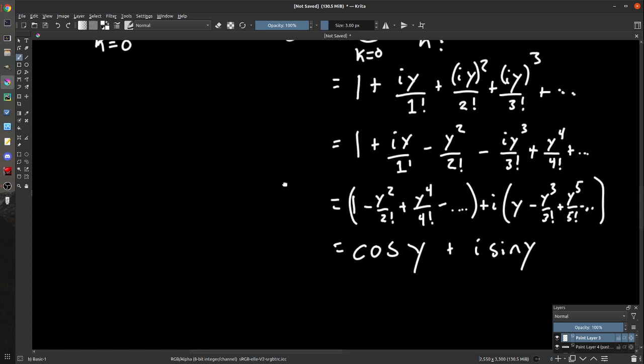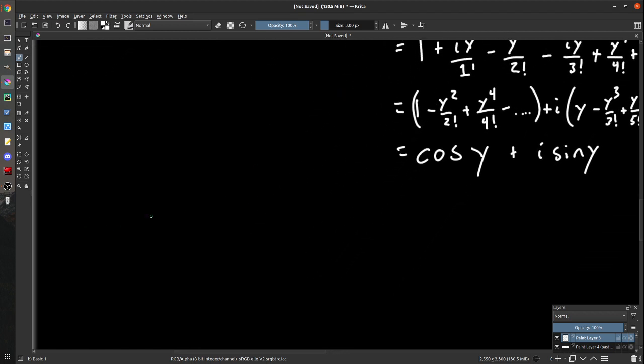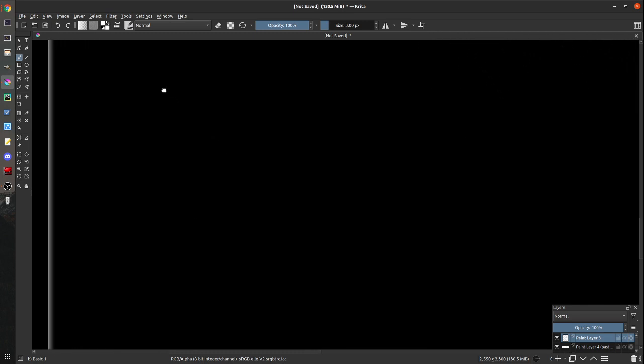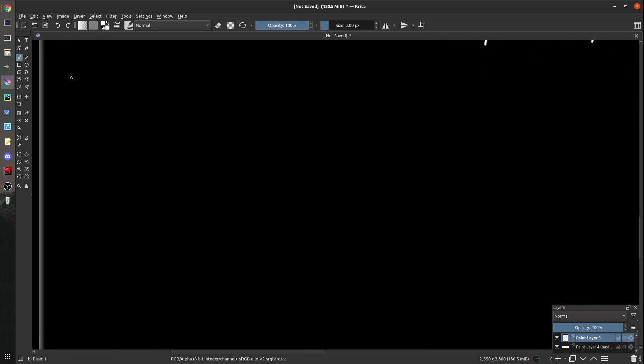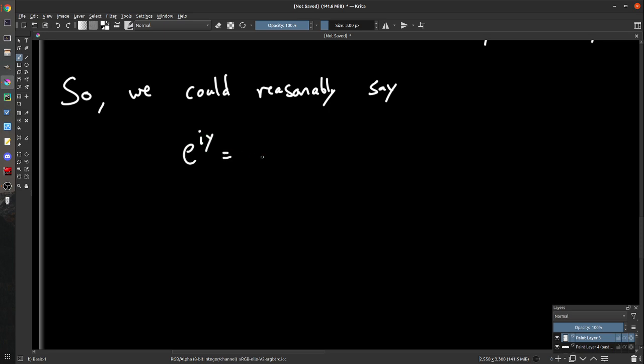Okay, now we'll probably also want, so let me just rewrite this little thing we've just discovered. So we could reasonably say e to the iy equals something like cosine y plus i sine y, right?